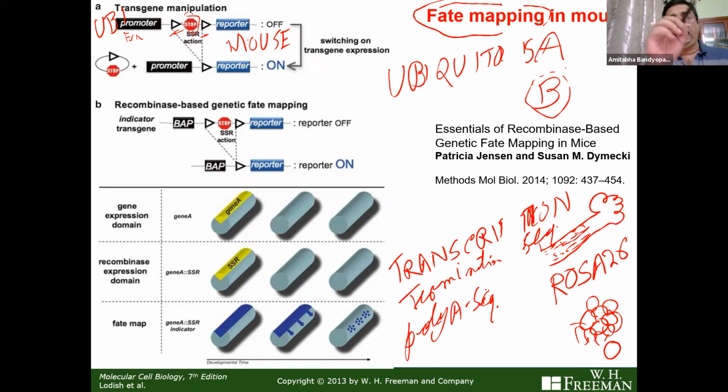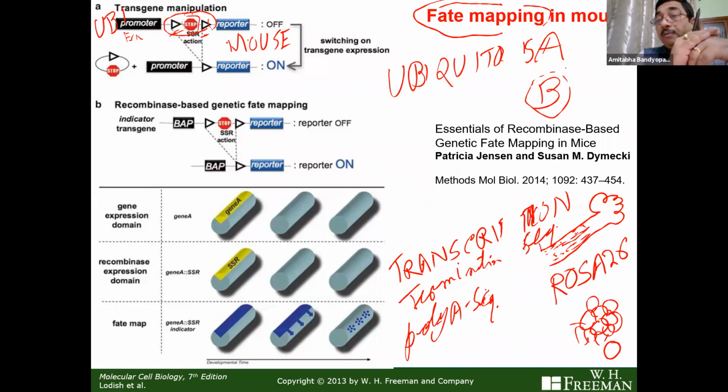So you simply make this construct. It is a ubiquitous promoter enhancer. Then under its influence, there is a reporter gene, which can be GFP, anything. In between the two, there is this floxed transcription stop cassette.